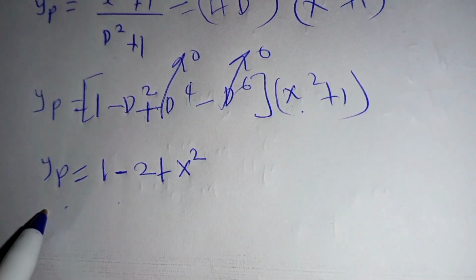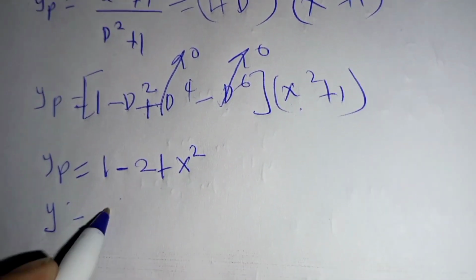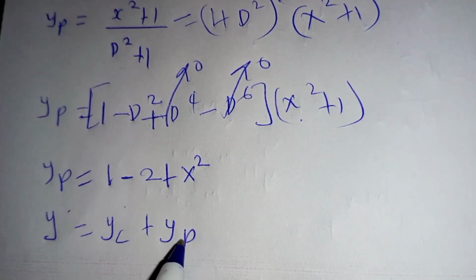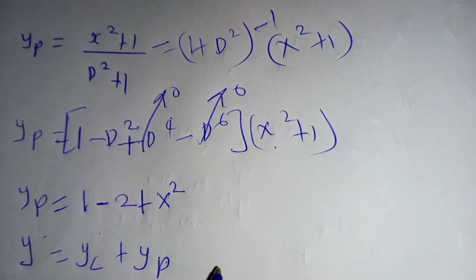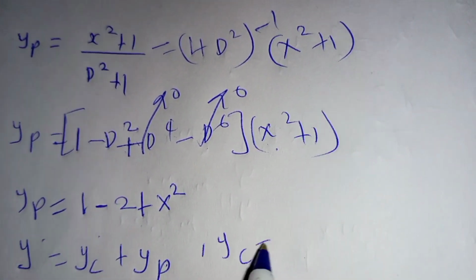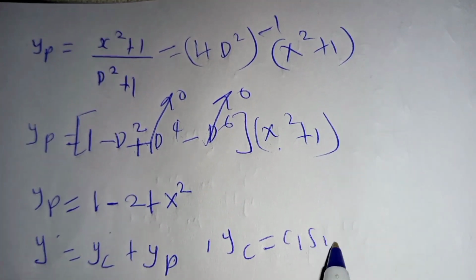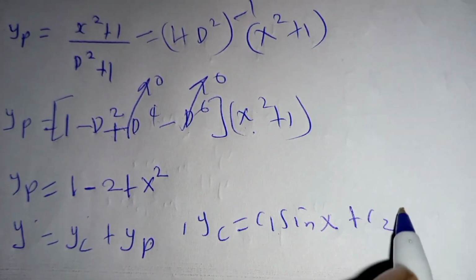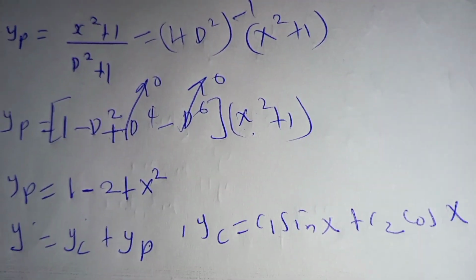So our solution y will be given by our yc plus our yp. So our yc was equal to c1 sine of x plus c2 cos of x.